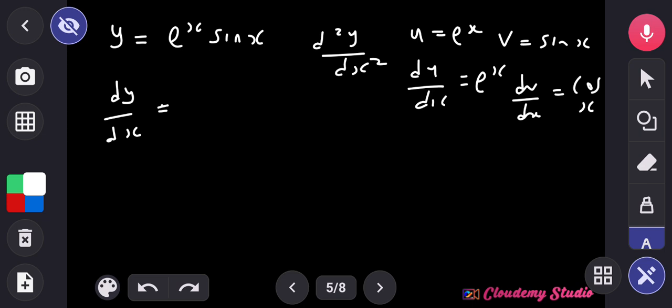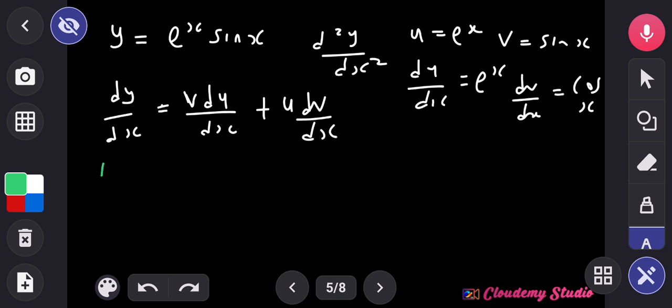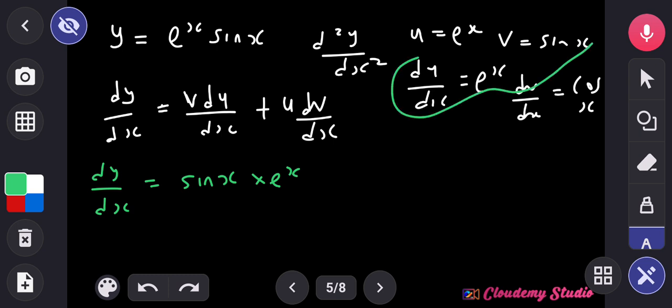And remember, dy/dx equals v du/dx plus u dv/dx for the product rule, right? Therefore, my dy/dx will be equal to v du/dx. What is my v? That is sin x, multiplied by e^x, which means I'm multiplying these two together, then plus u dv/dx, that is e^x multiplied by cos x.